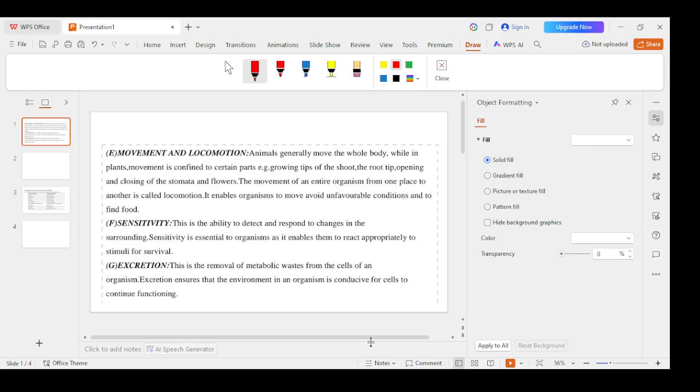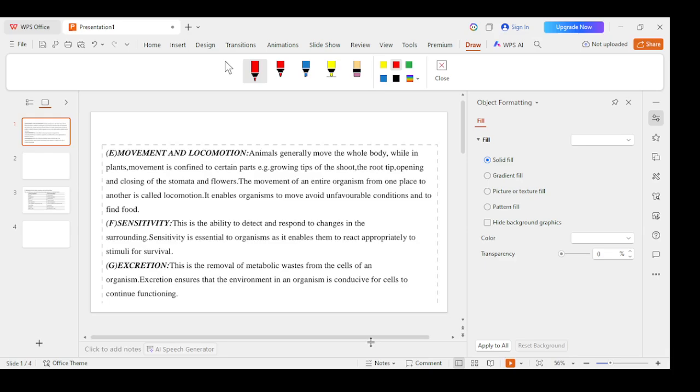What it means is that you, as an organism, react to certain things that are happening in the environment at that particular time.